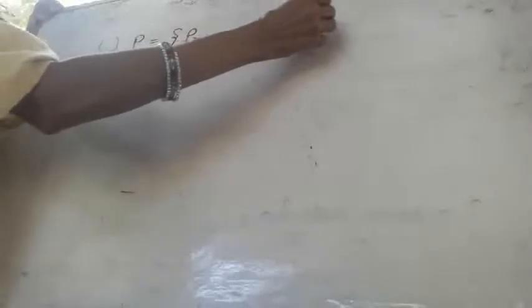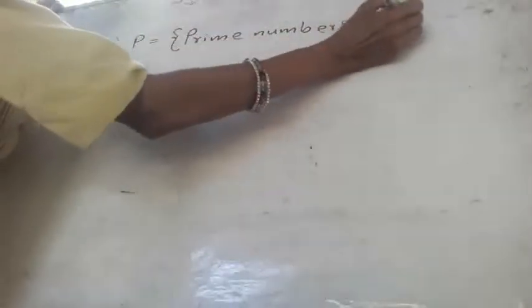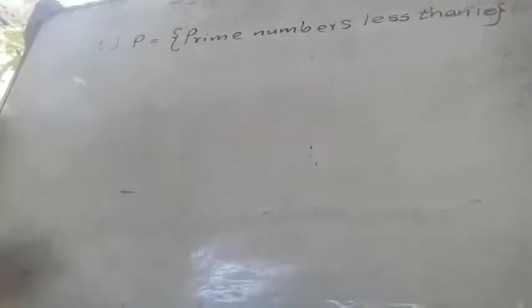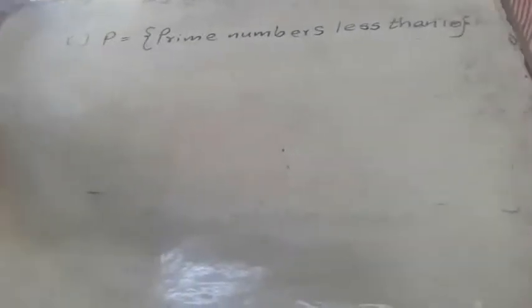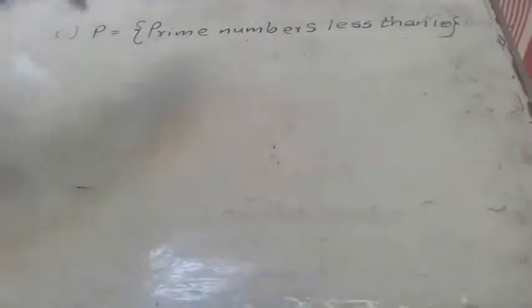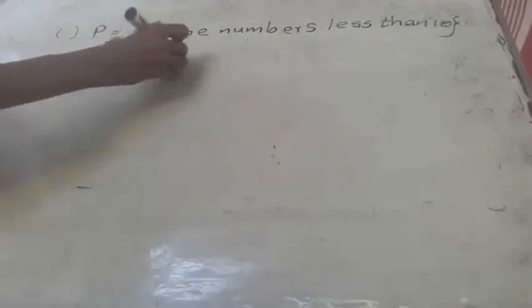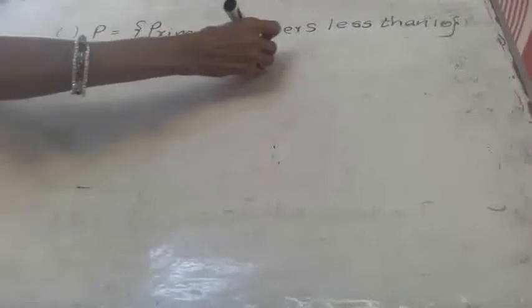1. P is prime numbers less than 10. Then we write the elements within curly brackets: 2, 3, 5 and 7.